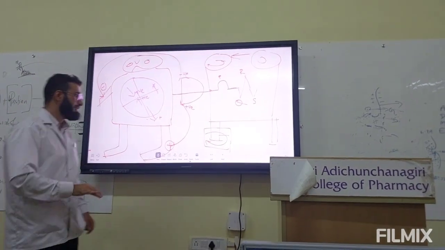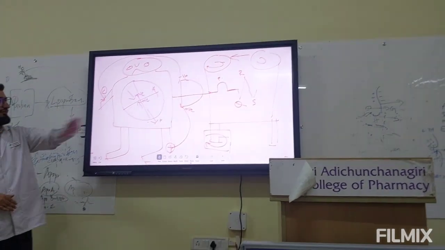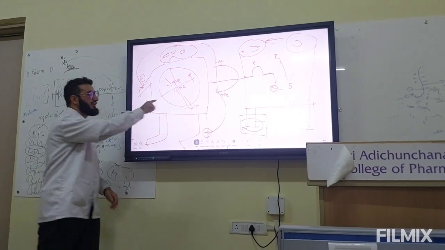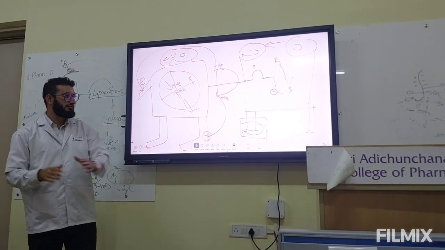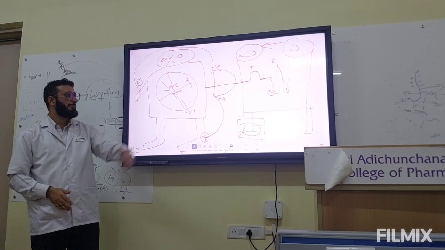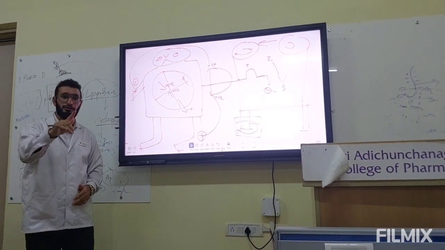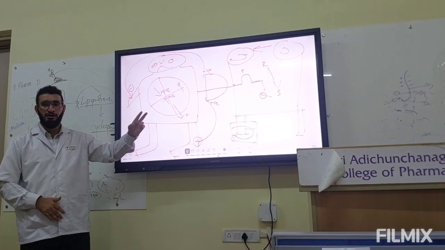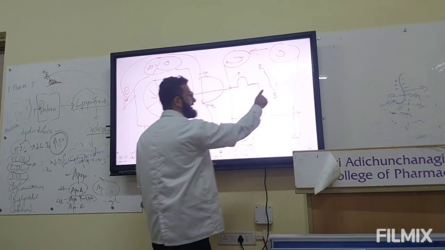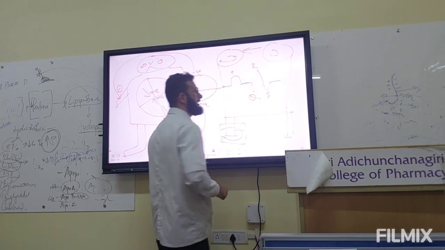This is the S wave. After the septum, the major ventricle and the basal ventricle are depolarized, there is complete depolarization. When there is complete depolarization, there is no deflection, so the needle will draw a straight line.